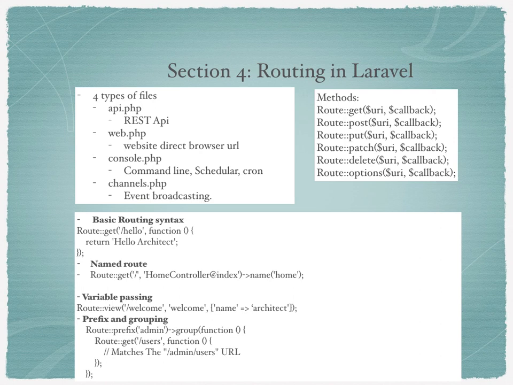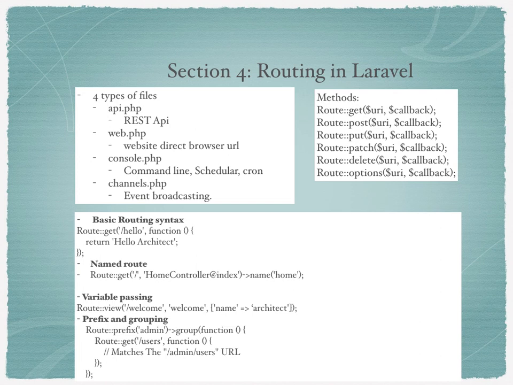See, in the given slide, there are four types of files in the routes folder: api.php, web.php, console.php, and channels.php. They have different tasks. Why do we use API and what is the purpose of api.php? API.php is mainly for whenever we create any REST APIs.